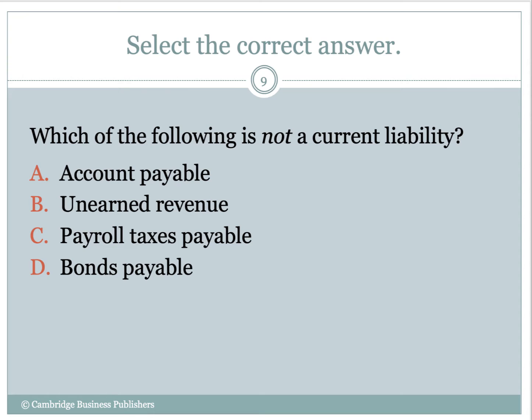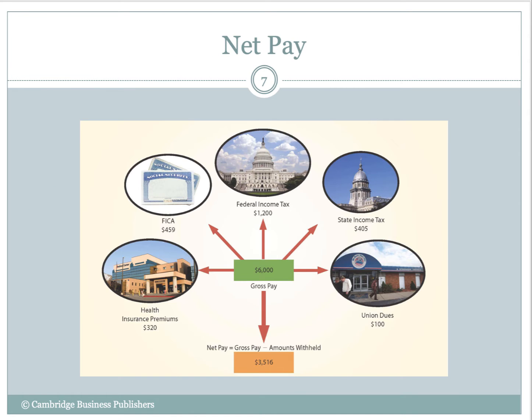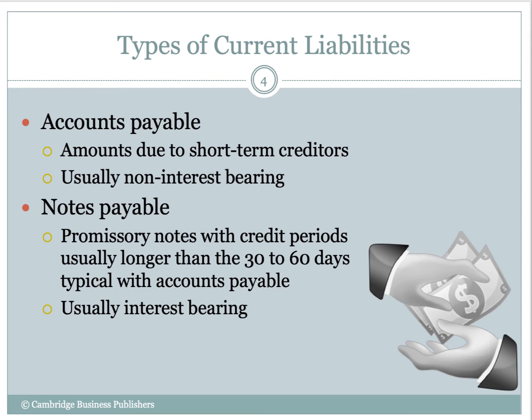Bonds payable would not be a current liability. The reason why is because bonds payable aren't due within the year or the operating cycle, whichever's longer. Okay? So when we come back, we're going to jump into long-term liabilities and how we account for those. But it's very important to recognize the types of current liabilities that we have.